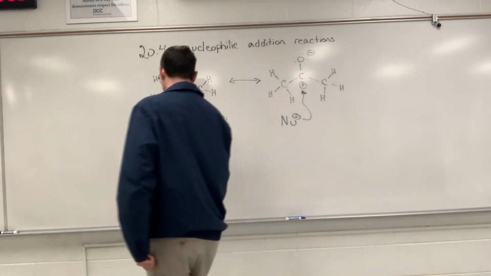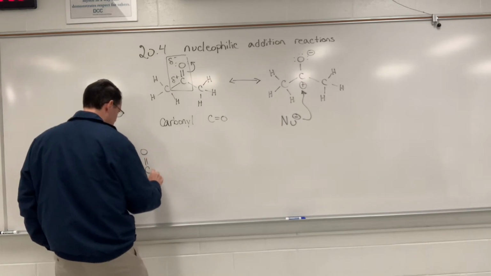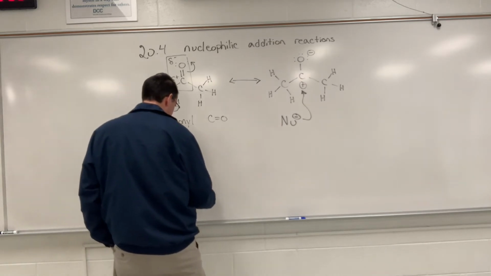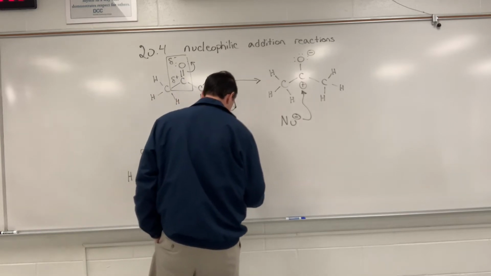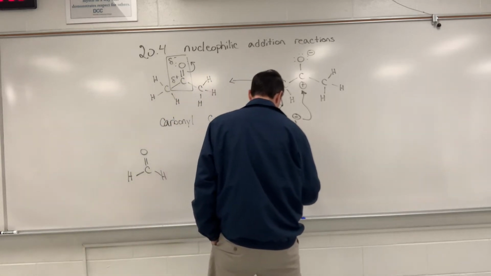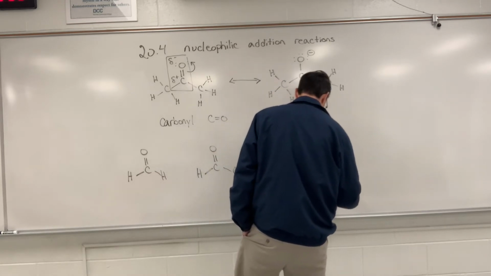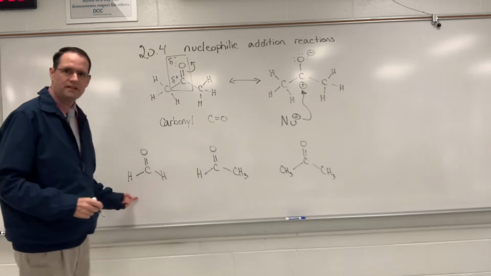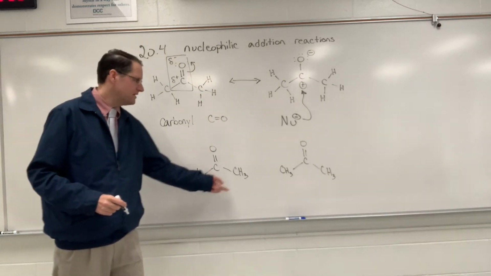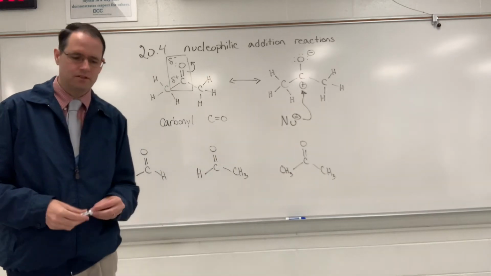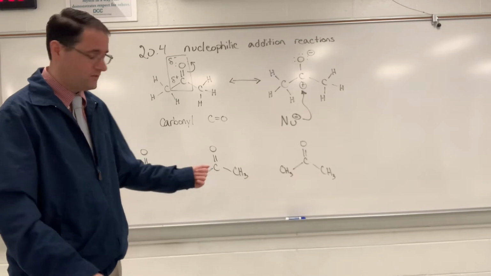So let's draw these molecules in here and compare them. So here on the left we have formaldehyde, the one in the middle is acetaldehyde, and I've introduced you to acetone. These are the common names for these carbonyl containing compounds.